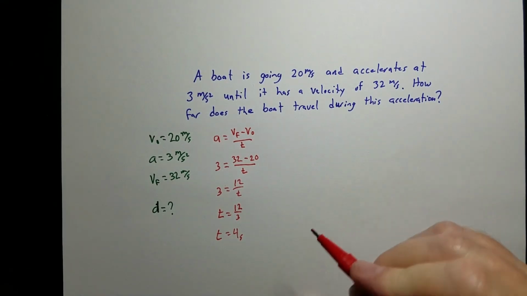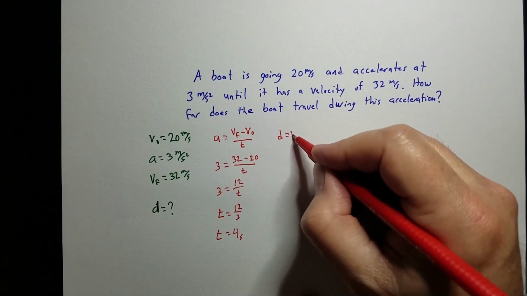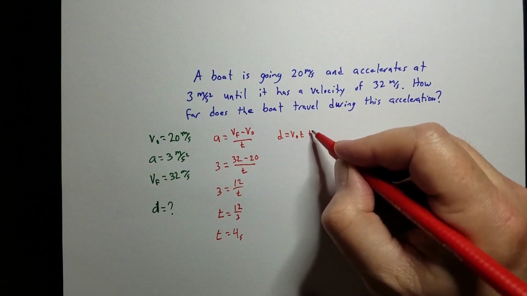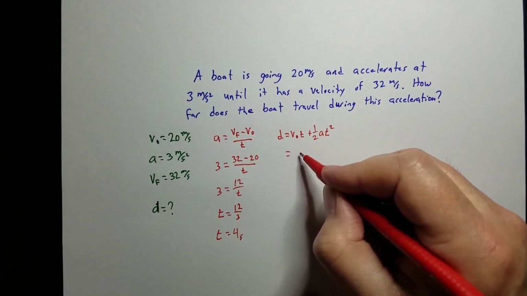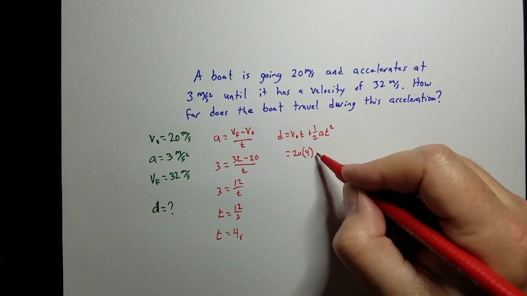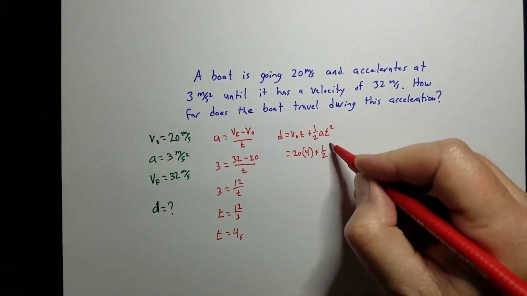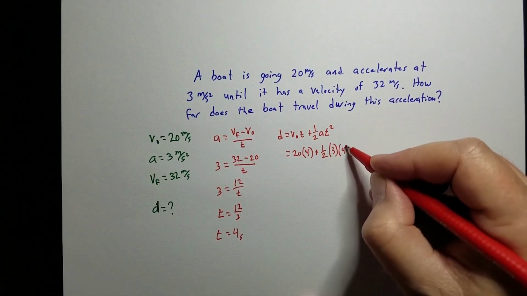Now we can use that, because we're looking for distance, with this one: d equals v0t plus 1/2 at squared. Original velocity is 20, the time we just found is 4, plus 1/2 times acceleration 3 times 4 squared.